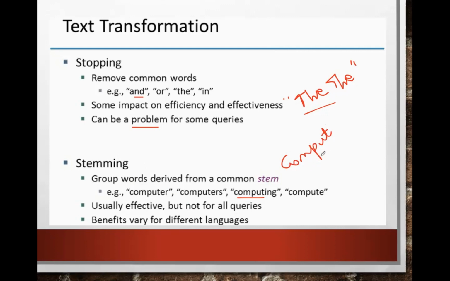This also usually helps, but sometimes it even hurts, since compute is not the exact word for this set of terms. This trick is not equally useful for all languages. Benefits vary for different languages. For some languages it may be helpful, whereas for others it may not be suitable.